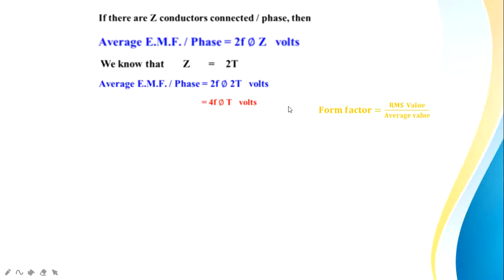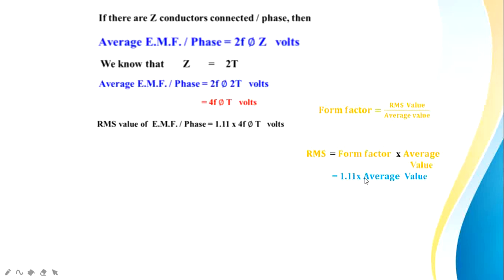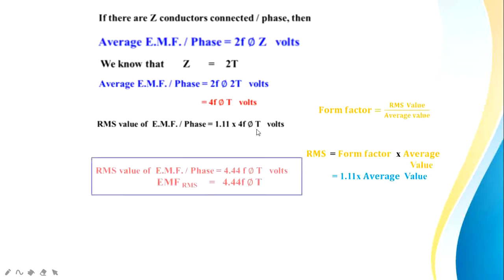So RMS is equal to form factor into average value, and for a sinusoidal wave the form factor value is 1.11. So finally the RMS value of EMF per phase will become 1.11 into 4F phi T volts.